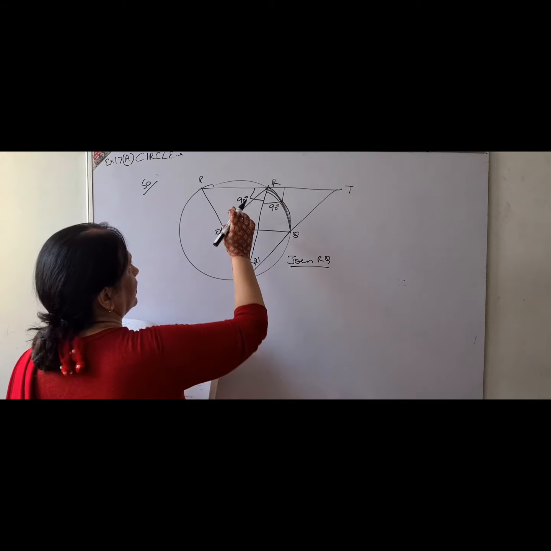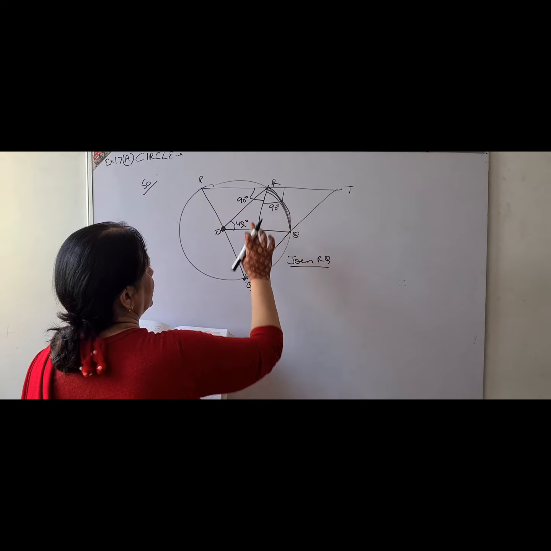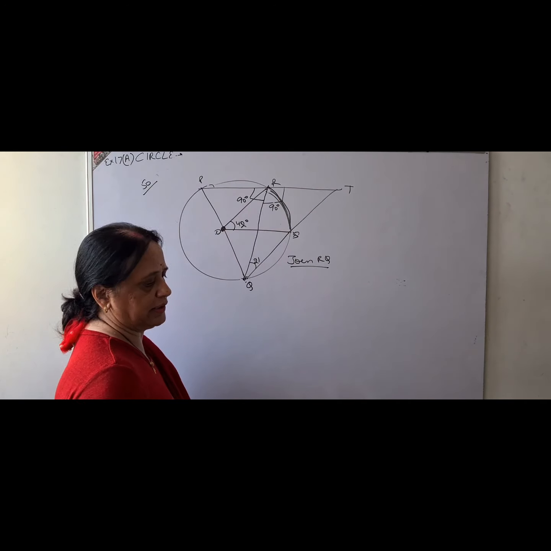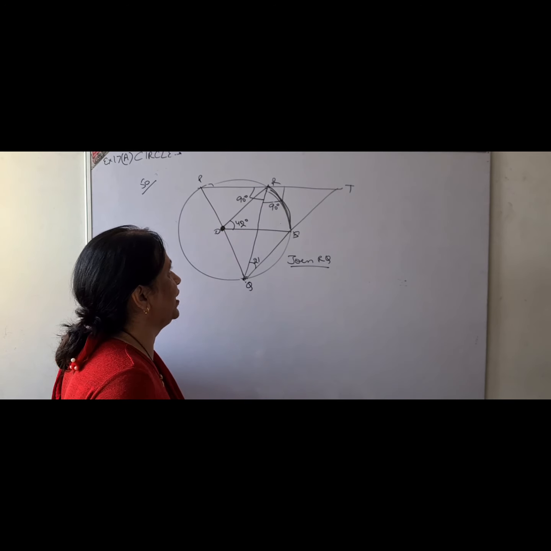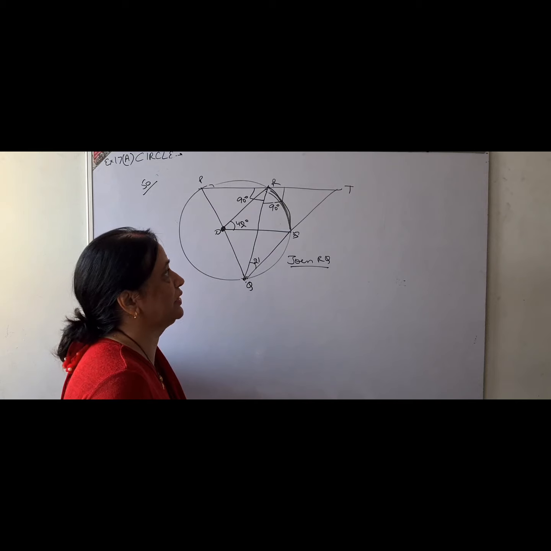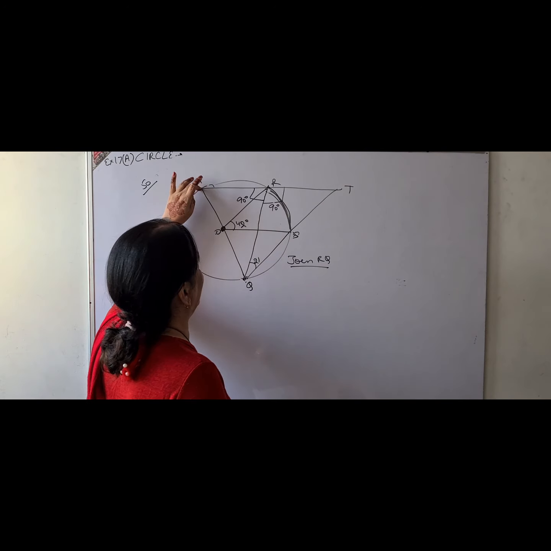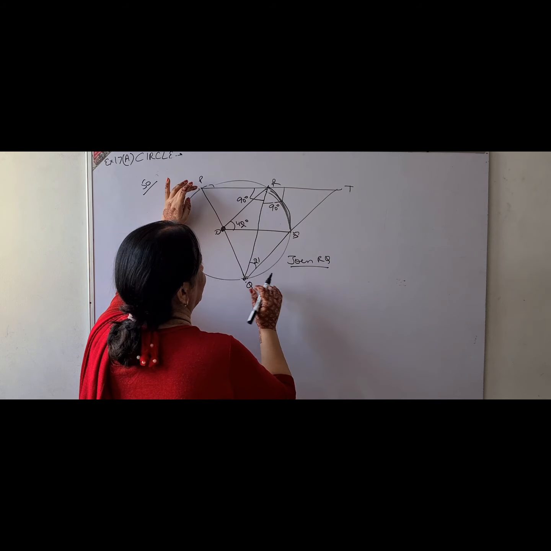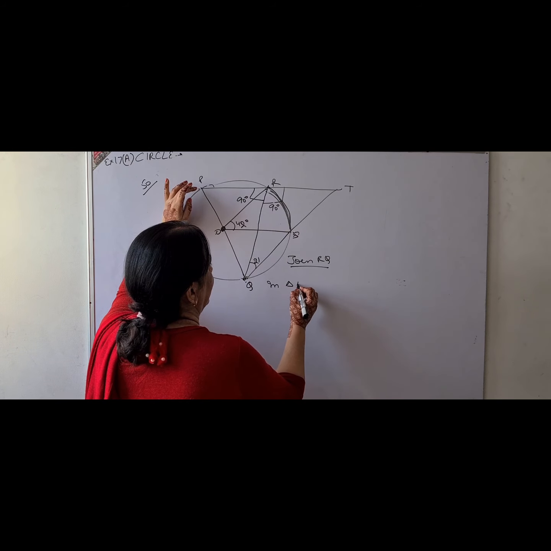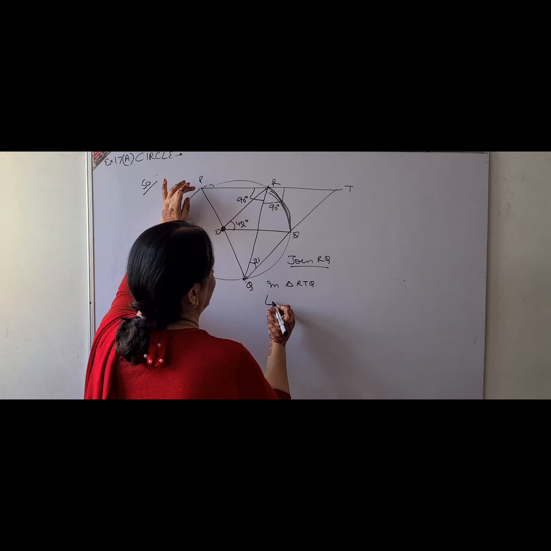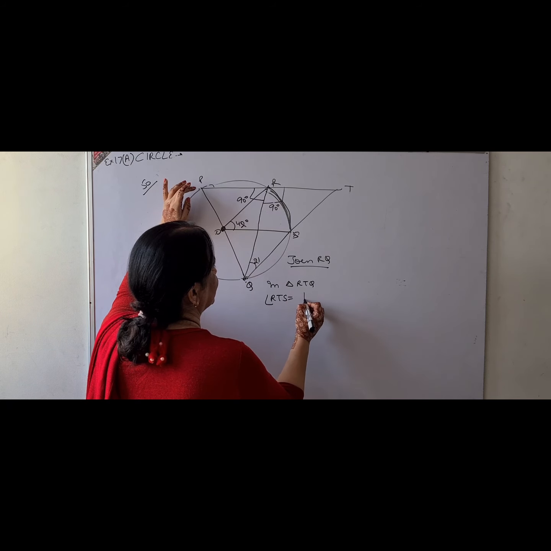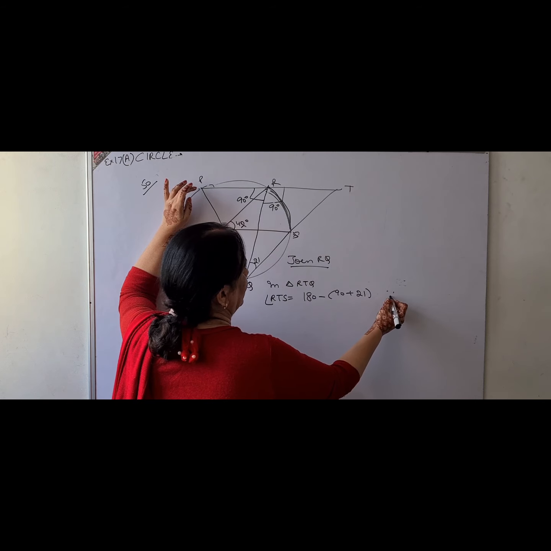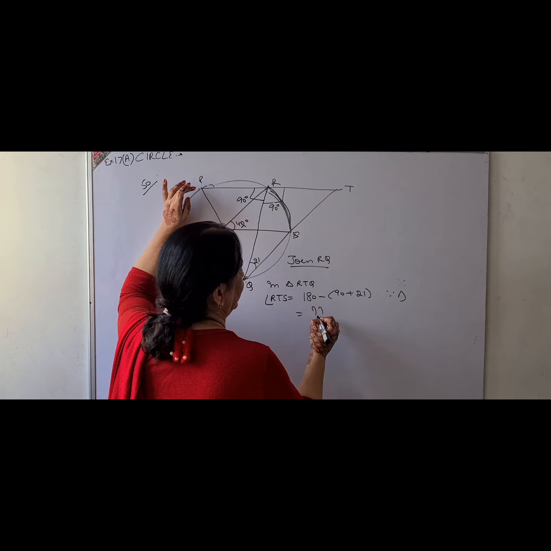PRQ is 90 because it is an angle in a semicircle. At last you have to find RTS or RTQ, one and the same thing. Take triangle RTQ. You can write RTS, as they have asked, equals 180 minus 90 plus 21, because triangle, and that is your required answer.